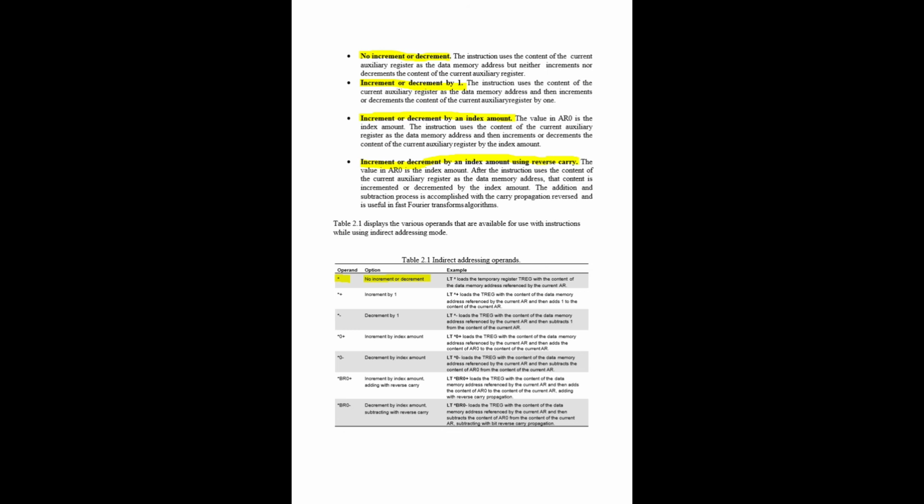Let us take the same example, but instead of that star, if I put star plus: load the temporary register with the content of the data memory address referenced by the current auxiliary register, then add to the content of the current auxiliary register. What they are saying is that star plus, take the value from the current auxiliary register, do some operation like addition, anything given in the instruction, and then at last that answer will be incremented by 1.